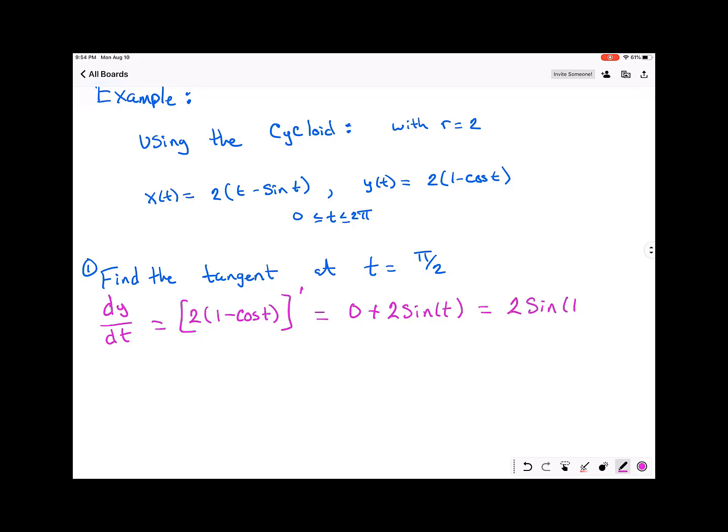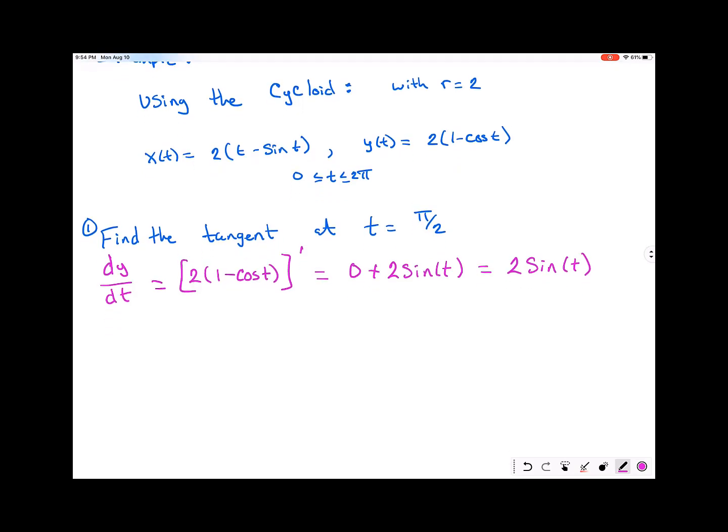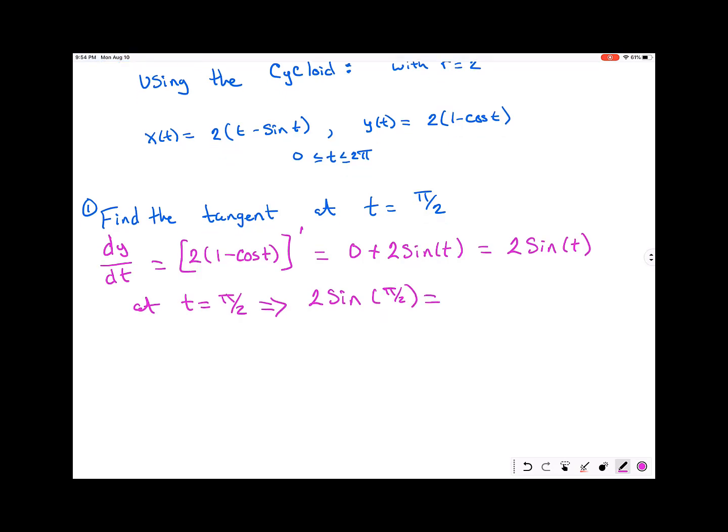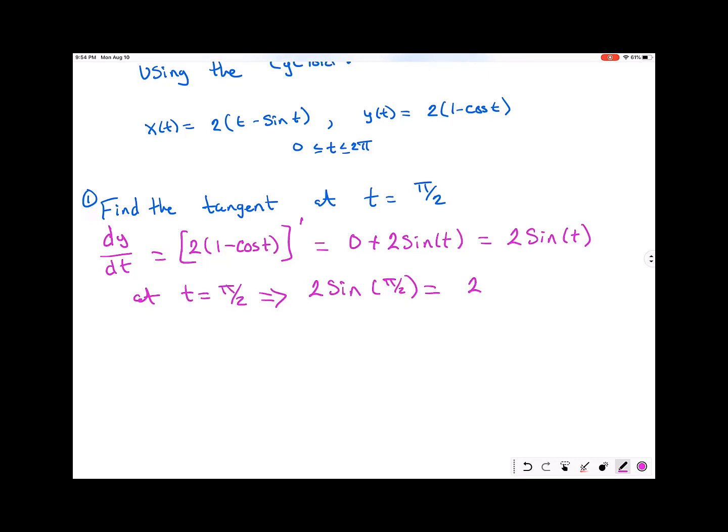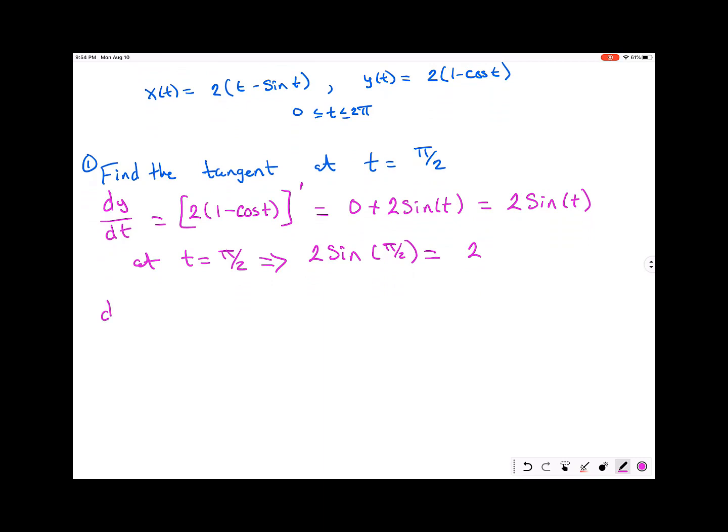That is equal to 2 times the sine of t, and we're evaluating that at t equals pi over 2, so we have 2 times the sine of pi over 2, which is equal to 2 times 1, or just 2.